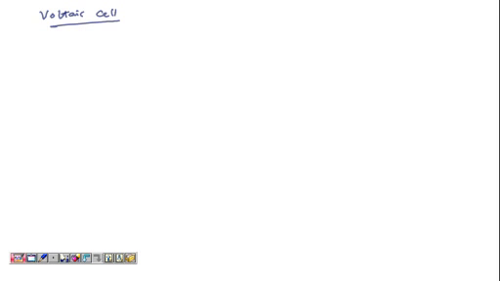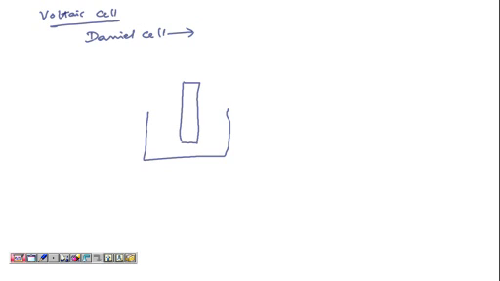Voltaic cell means a cell in which electrical energy is generated by using chemical reactions. Generally, the very famous cell is called the Daniel cell. The Daniel cell is made up of two half cells. The first one is the zinc half cell, where zinc metal is dipped in 1 molar zinc sulfate solution.